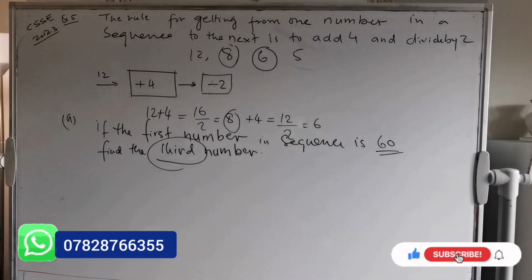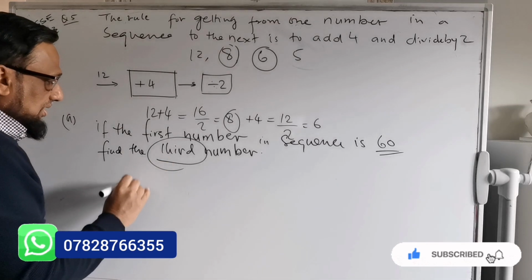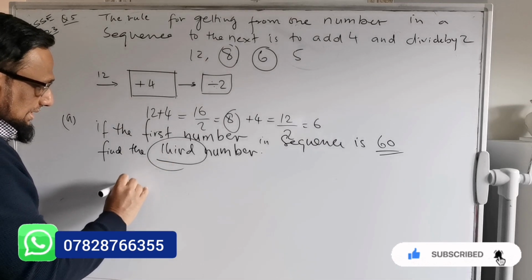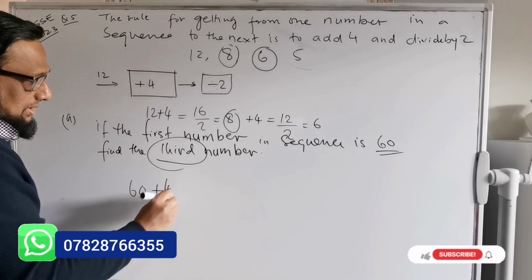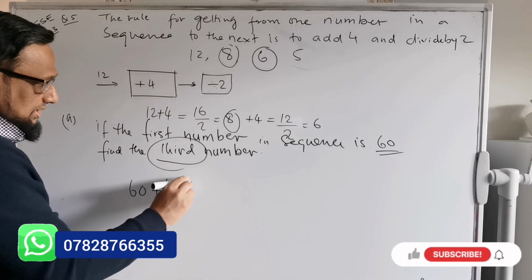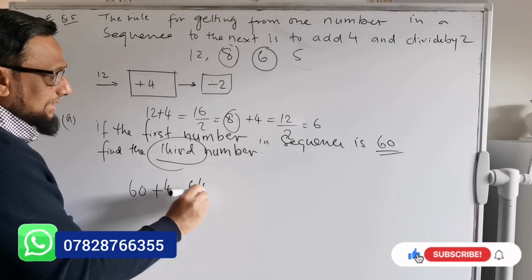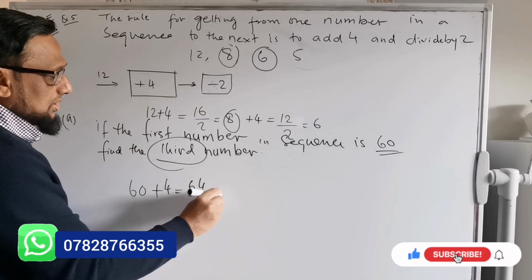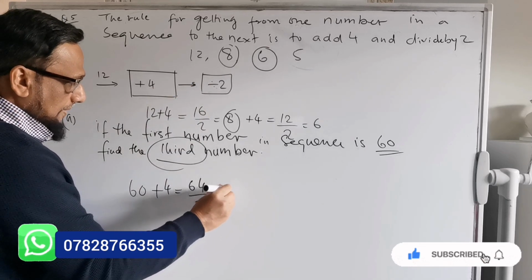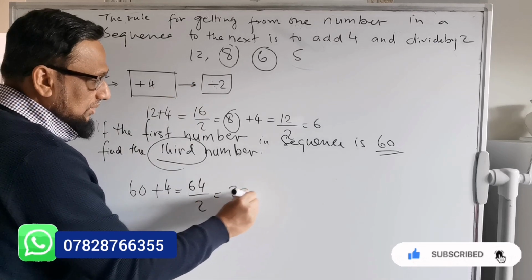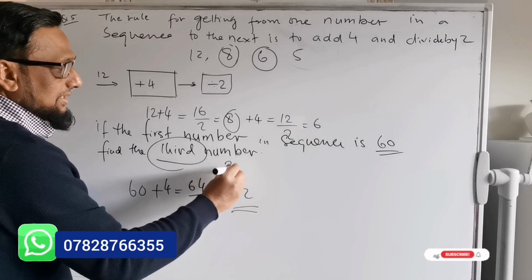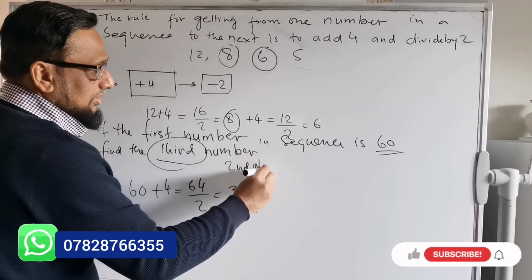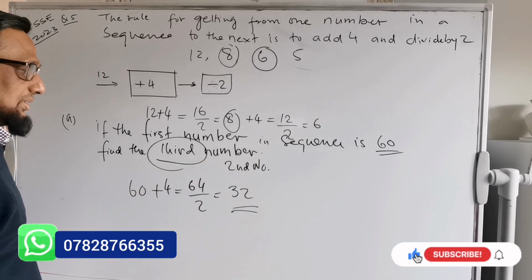Very simple. The first number is 60. The rule says add 4, which is 64, and then divide by 2. So the second number will be 32. But they ask to find the third number.